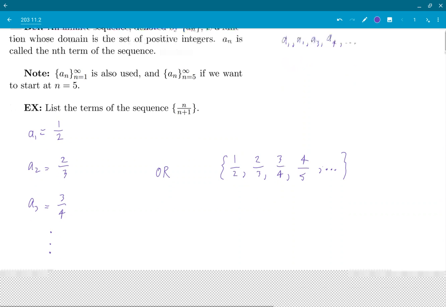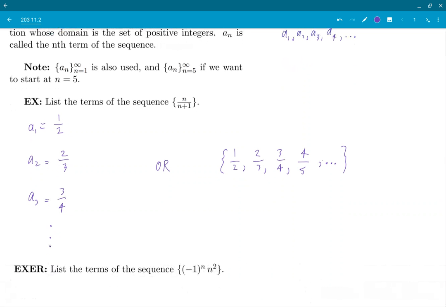And why don't we try an exercise? So pause, copy, try. Now what am I going to get? I'm going to have two pieces here, right?